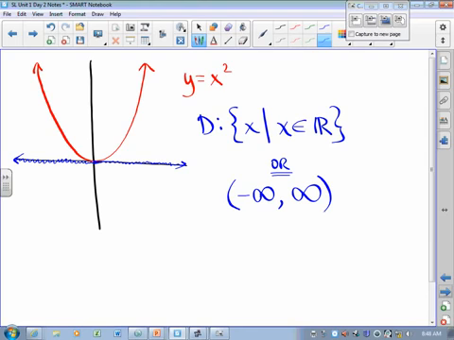And we say round brackets on the outsides because negative infinity is not included. I mean, you can't get to negative infinity. And positive infinity is not included. You can't get to positive infinity. If positive infinity could be included, we would use a square bracket on that end.